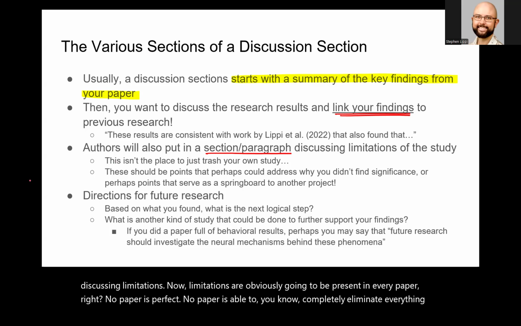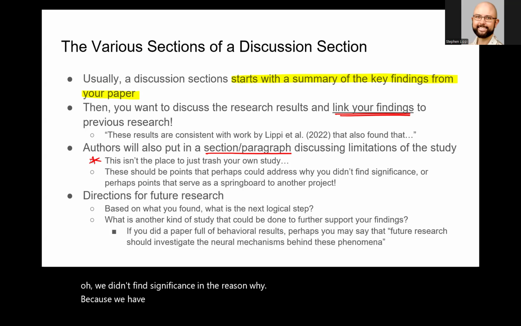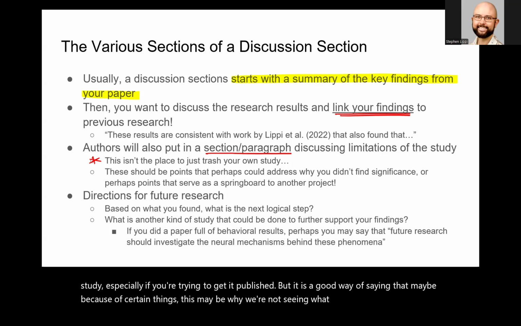But one thing to keep in mind is that this isn't the place to just trash your study, saying that, oh, we didn't find significance, and the reason why is because we have so many different issues with this, right? You don't want to trash your own study, especially if you're trying to get it published. But it is a good way of saying that maybe because of certain things, this may be why we're not seeing what we had expected to see, right?